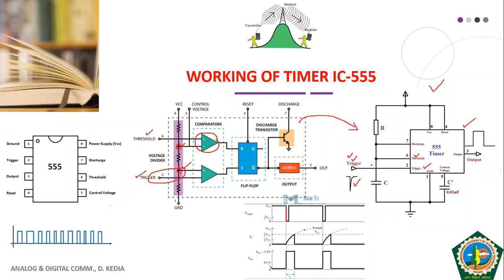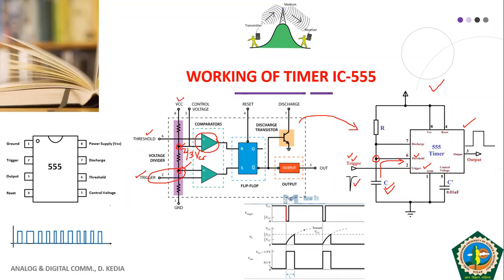This threshold terminal is connected across this capacitor C. Means the voltage which will appear across this capacitor will go as threshold voltage here, and this threshold voltage will be compared with 2 by 3 VCC. Fine. That is another point.